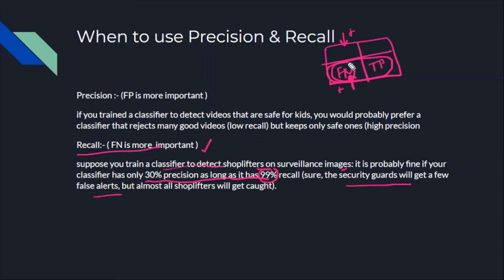So when there are false alerts, it's okay, the security guard will get some false alerts, but the advantage is that all the genuine people will get entry because there is a manual intervention.